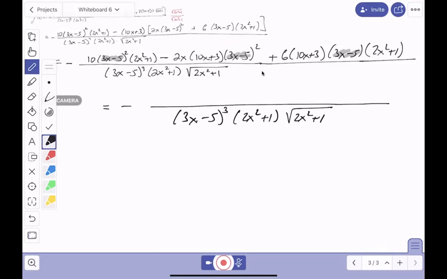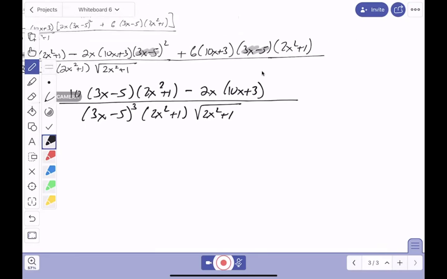What do you get now? 10, 3x minus 5, 2x squared plus 1, minus 2x, 10x plus 3, 3x minus 5. Oh boy, it's still going to be work, isn't it?